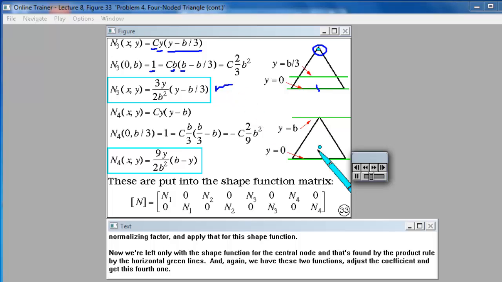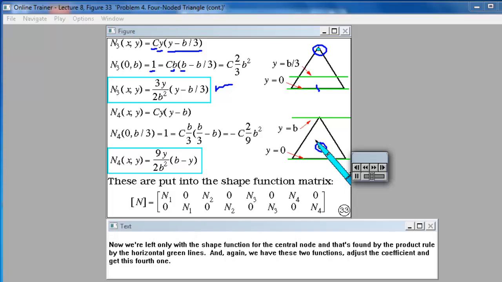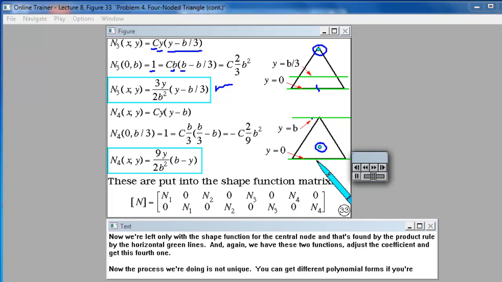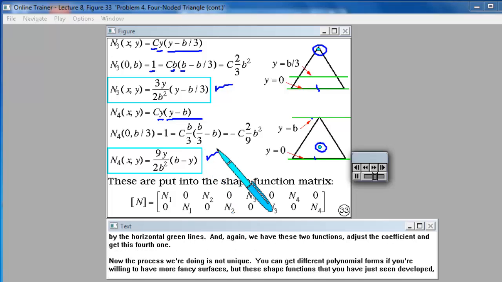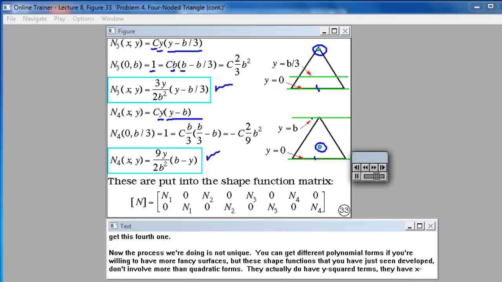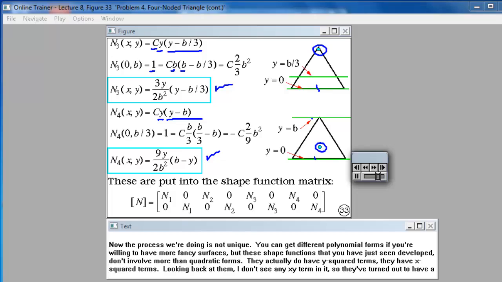Now we're left only with the shape function for the central node, and that's found by the product rule by the horizontal green lines. And again, we have these 2 functions, adjust the coefficient, and get this fourth one. Now, the process we're doing is not unique. You can get different polynomial forms if you're willing to have more fancy surfaces, but these shape functions that you have just seen develop don't involve more than quadratic forms.